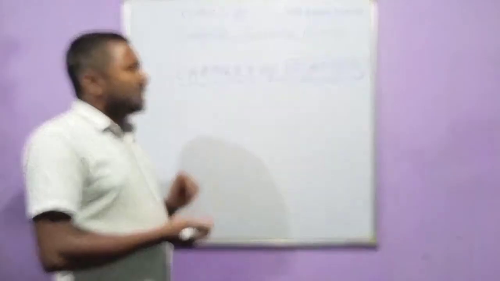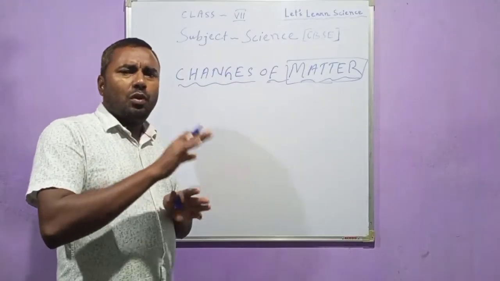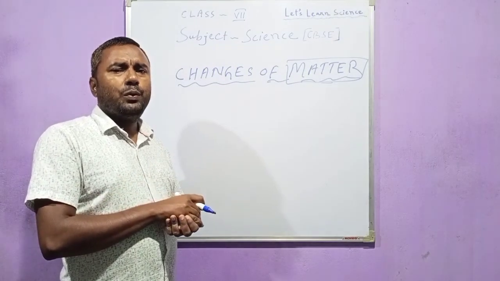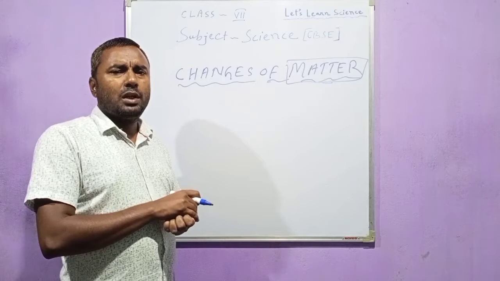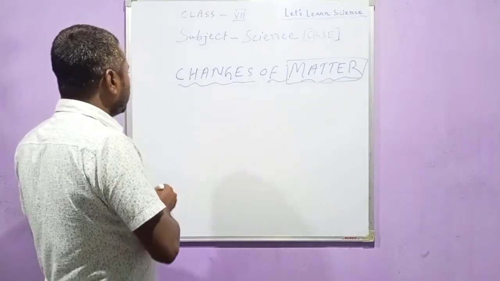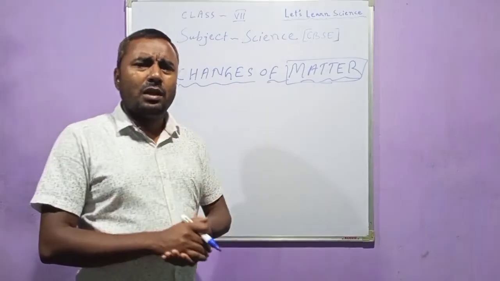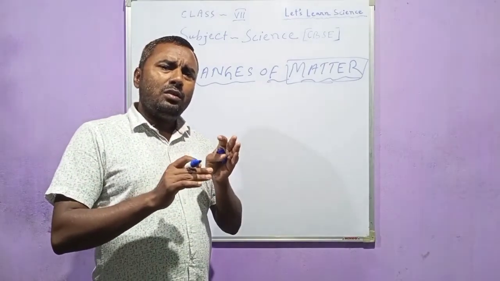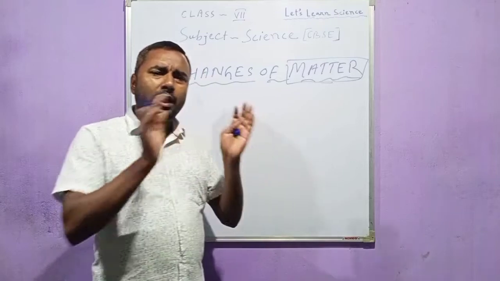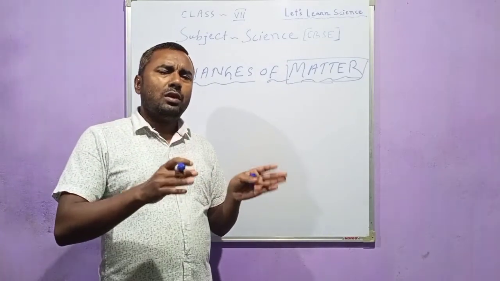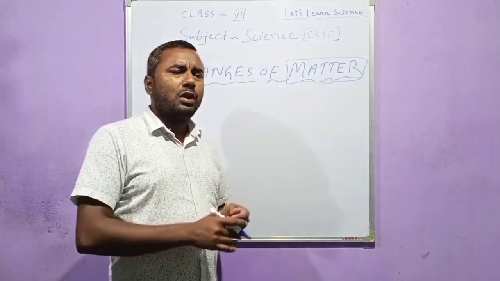So, on the basis of the form of the changes, they have been categorized into two categories. How many categories? Two categories. Whatever the changes taking place in the matter, whether in their physical properties or in their chemical composition, they will fall under two broad categories.